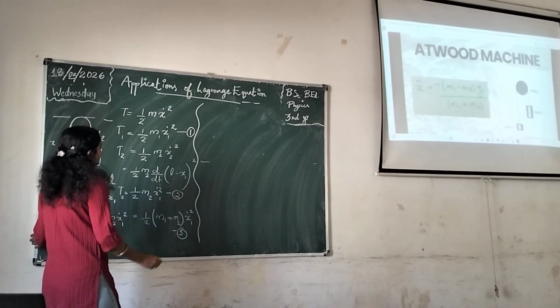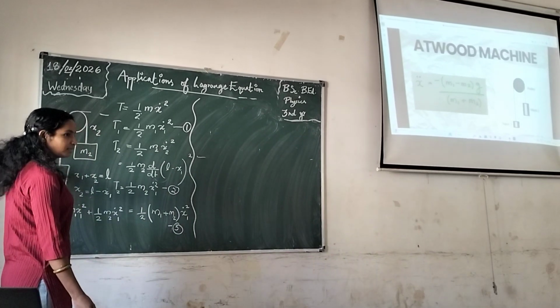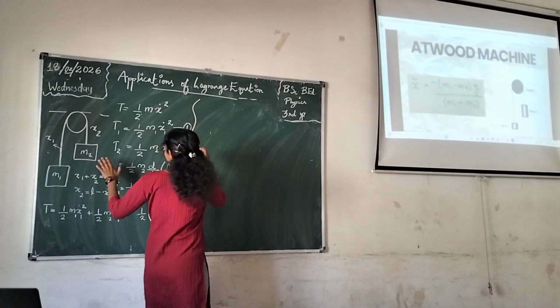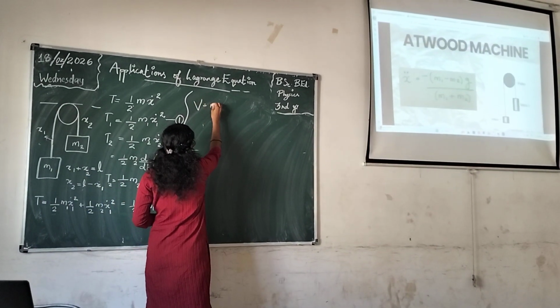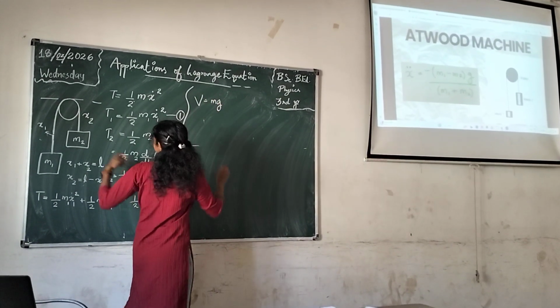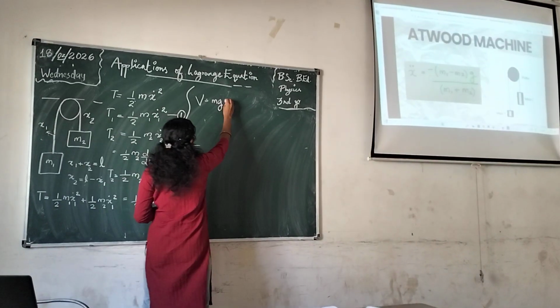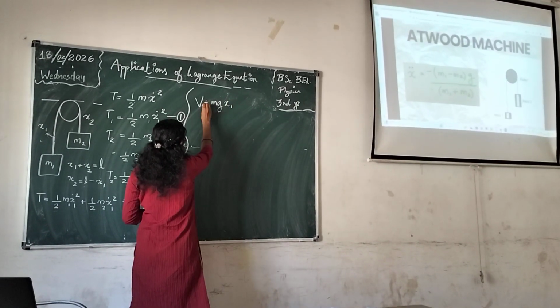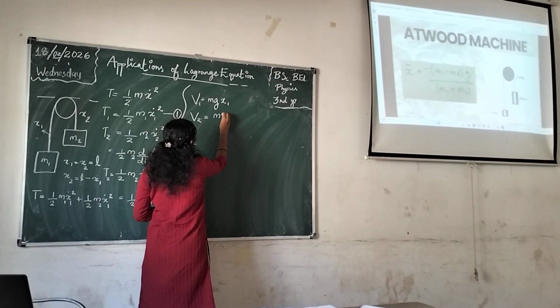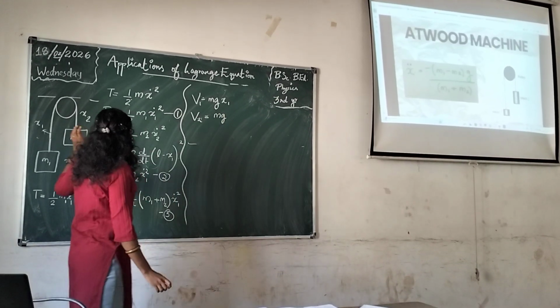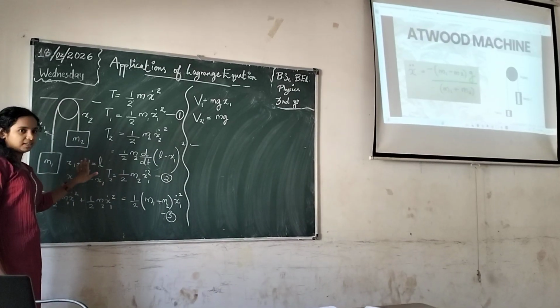So next we have to find V. For x1, V1 is equal to m1 g x1. Then V2 will be m2 g x2, where x2 is L minus x1.